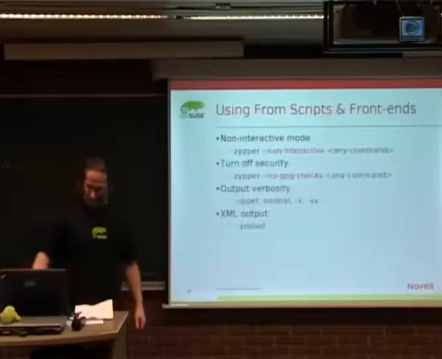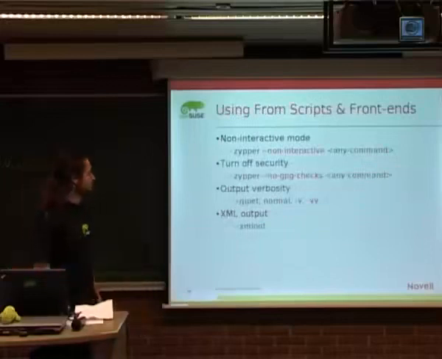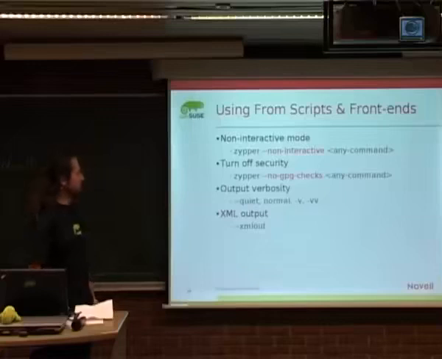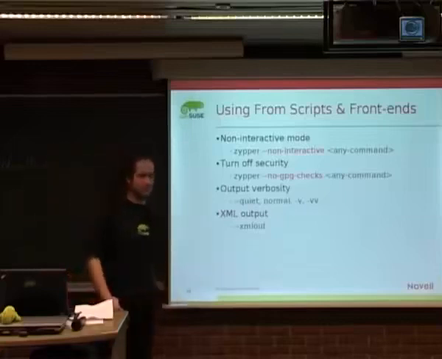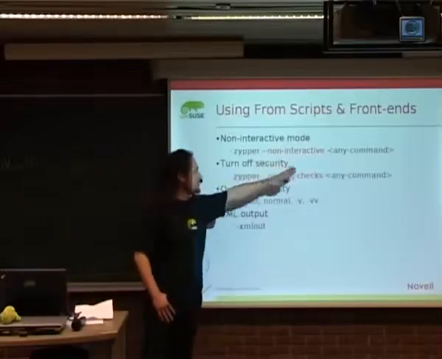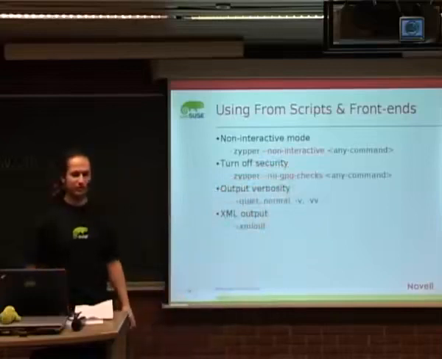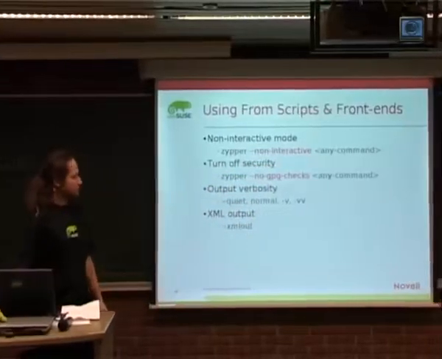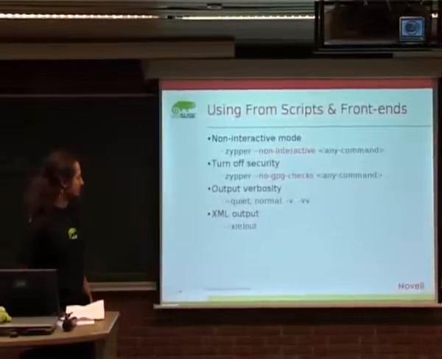One of the nice things of Zypper is that you can use it from scripts and front ends. There are several things enabling this. For example, the non-interactive mode, which you can specify as a global option to any command, and in that mode, Zypper won't ask for confirmation or for any user input on standard input, and it will use default answers automatically.